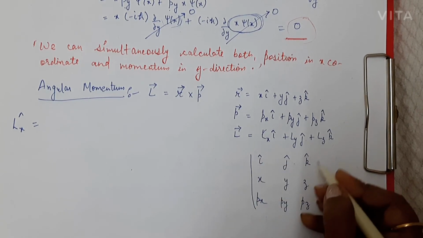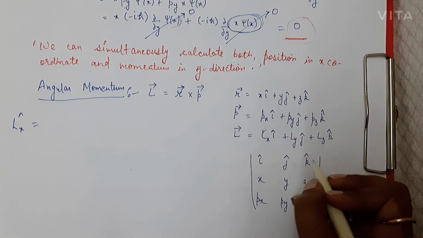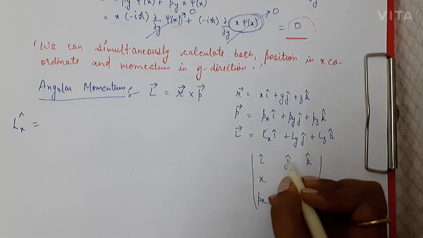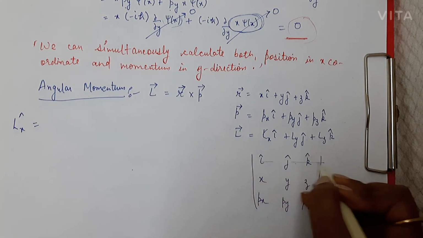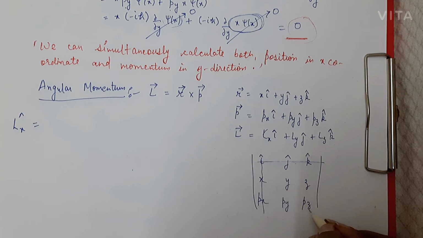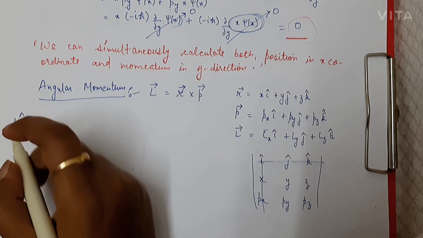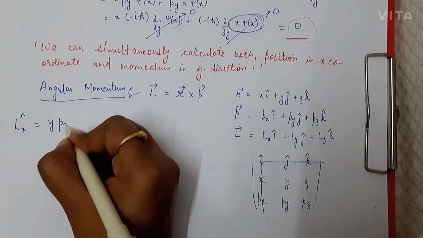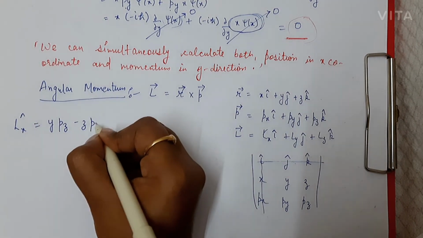I'm not going into detail, but if you want to find out lx, you have to ignore this row and this column, and then you will get y into pz minus z into py. This is how you could find the cross product. This we study in mathematics, but if you don't know about this, you can simply learn this. For lx we have y pz minus z py.